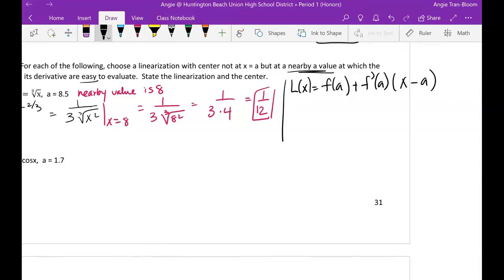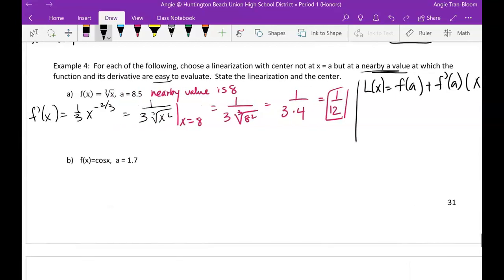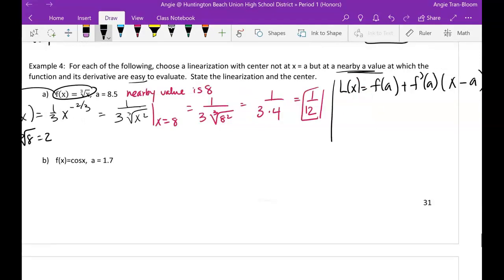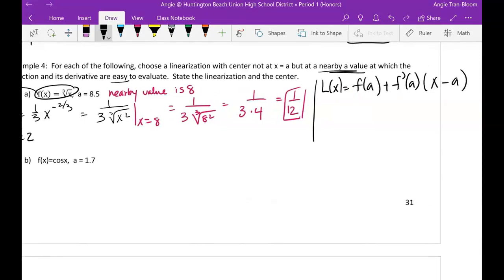So I'm going to plug in 8 for my f function, because that's the value I've chosen. When I do f of my nearby value, which is 8, that's really third root of 8, which is 2. So my f of a is 2.